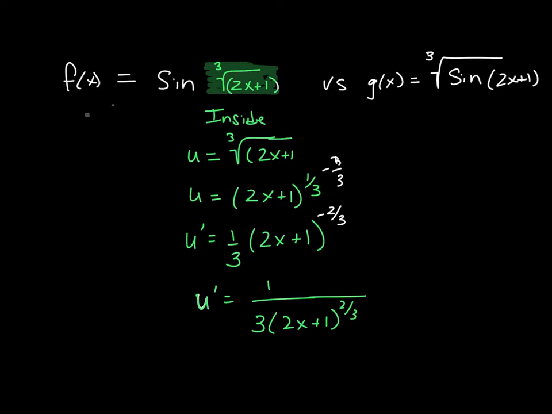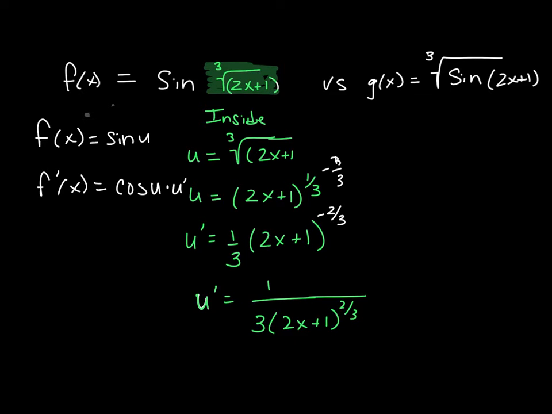So to turn this back into the derivative of our original function, f of x is equal to the sine of u. Therefore, the first derivative of f of x is going to equal the cosine of u times u prime.